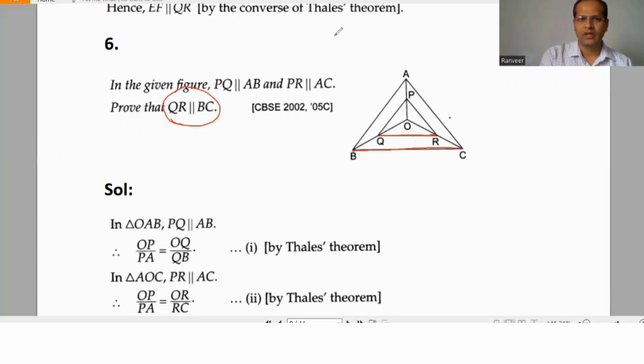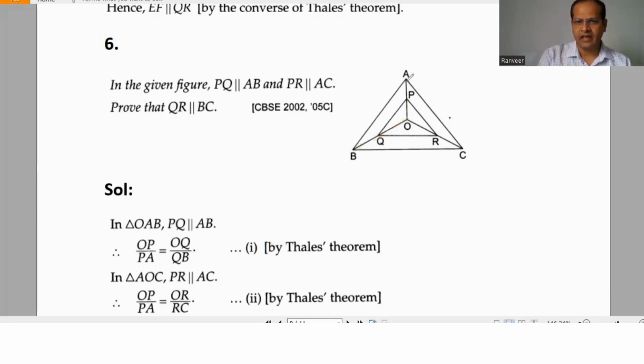From the triangle OAB, PQ is parallel to AB. So we can write OP by PA equal to OQ by QB. This is from Thales theorem, the first equation.